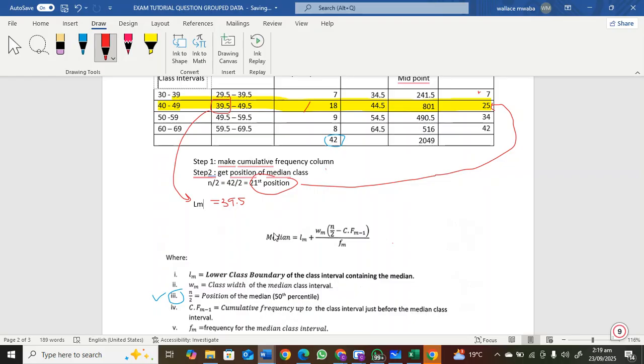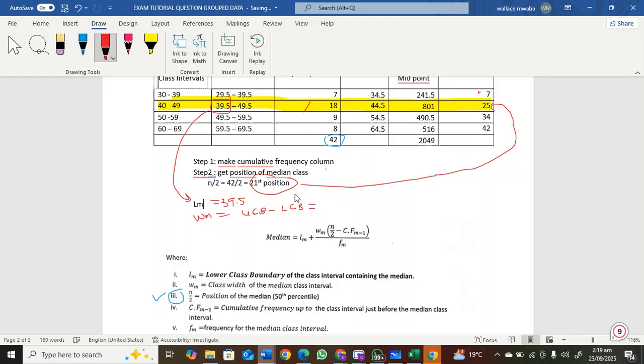Next, we need to know what is the class width. So class width, WM, is the upper class boundary, UCB, minus the lower class boundary.